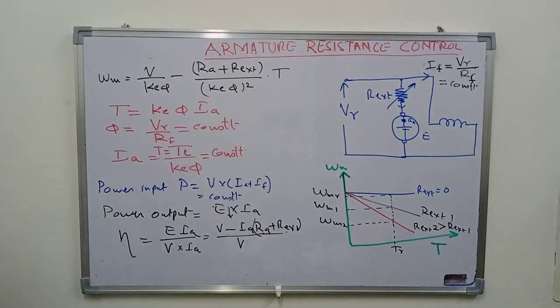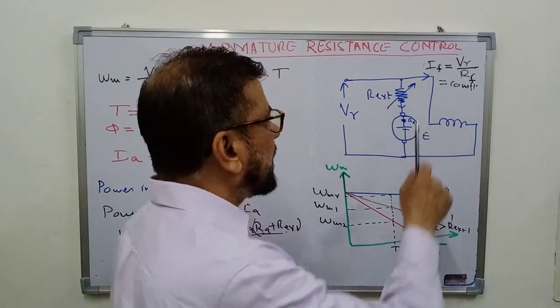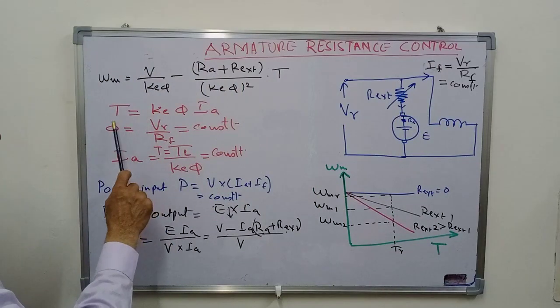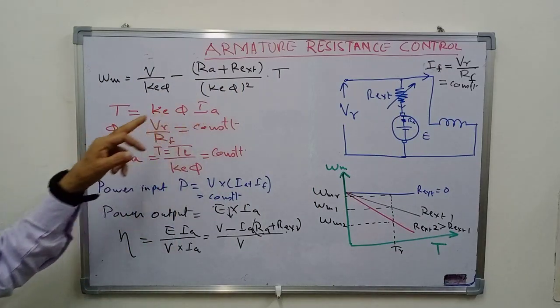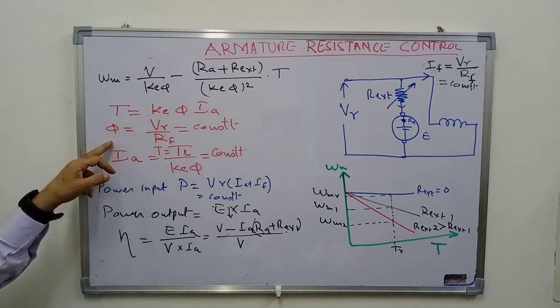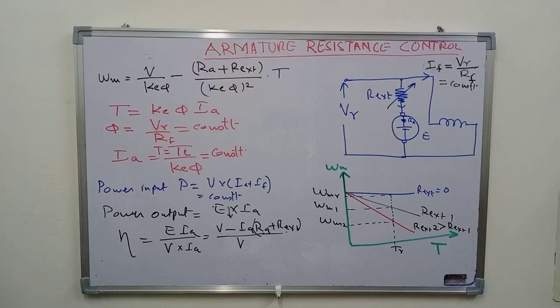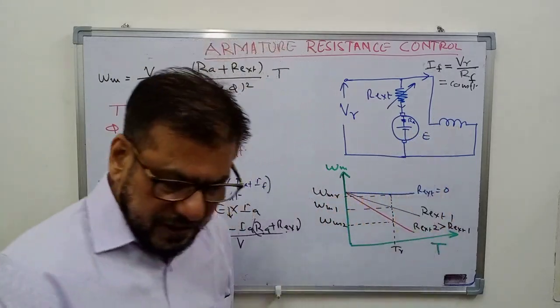Now let us see what will be the various currents here. The torque is given by K phi into Ia. And phi depends on what? Phi depends on the current drawn by this field winding.